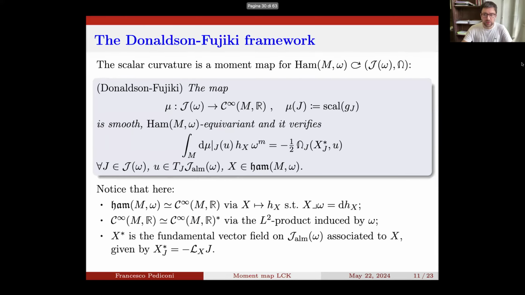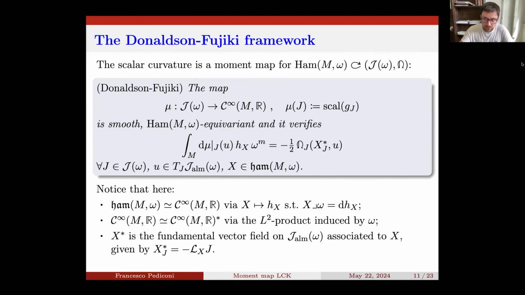Okay, here let me do some comments. In order to interpret this map as a moment map, we need some identifications. In particular, we are identifying the Lie algebra of Hamiltonian vector fields with a space of smooth functions.